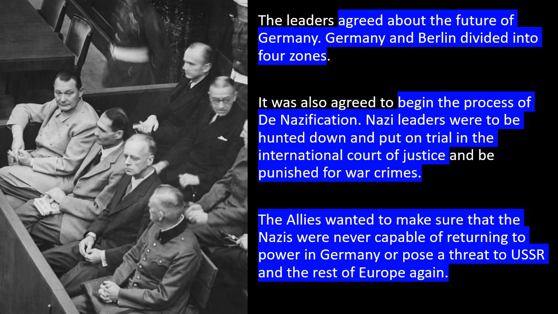Hermann Goering, you can see in that photograph, he's the one at the front at the top left with his arm resting. He bit into a cyanide pill and took his own life before his sentence was passed. Okay, the reason this is important, though, is to make sure that the Nazis can never come back. You know, they can't return to power in Germany and eventually start war again. Okay, so they've got no chance of being a threat ever again. So that's why the denazification process is important.